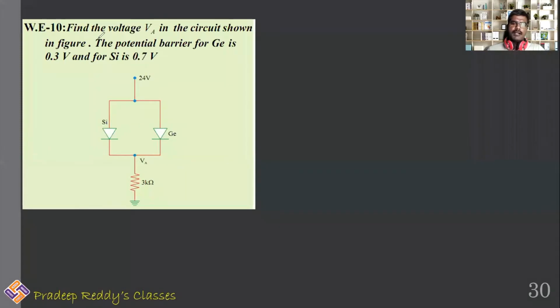So see, we are connecting a voltage of 24 to this point, and this 24 volt is connected to germanium as well as silicon. Silicon operating voltage is 0.7 volt. Germanium operating voltage is 0.3 volt. That means out of this 24 volt, 0.3 volt is dropped across this germanium and then it acts as a wire.